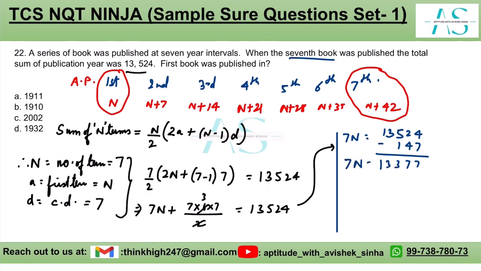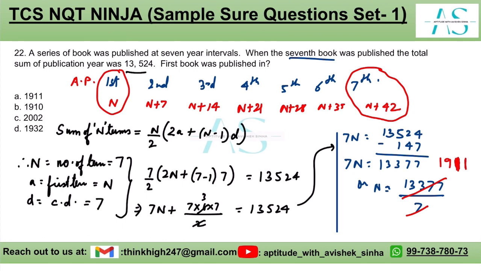This is 7n, or n is equal to 13377 upon 7. Let me just simplify this: 1 time, then we have 63, which is 9 times, then 1 and 1.